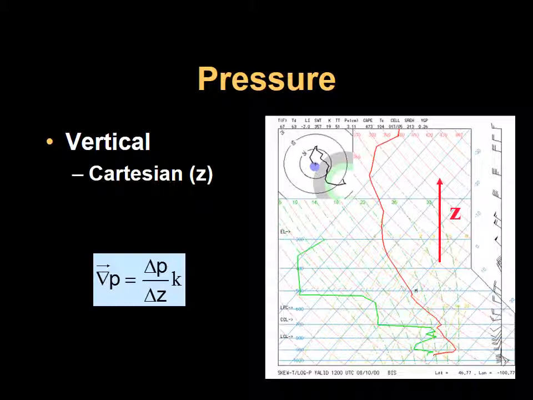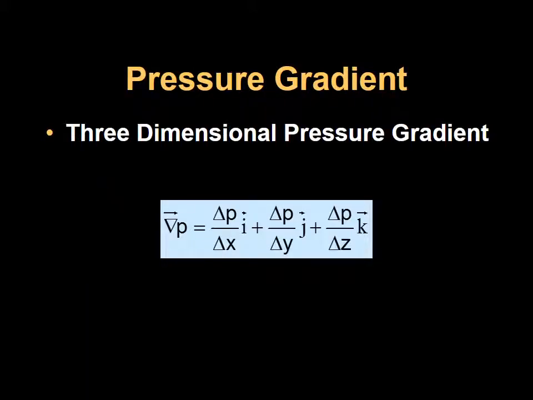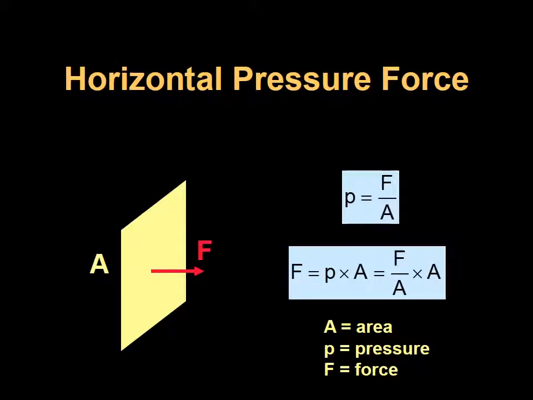You've seen this before. This is what we've used in the hydrostatic equation. So here's our three-dimensional pressure gradient. You've got ∂P/∂x and ∂P/∂y, which is your horizontal pressure gradient, and then ∂P/∂z, which is your vertical. Add those three together and you have a three-dimensional pressure gradient.